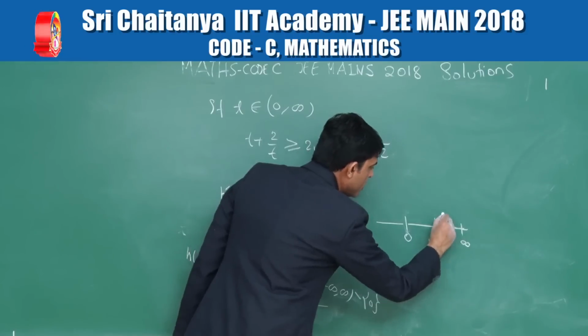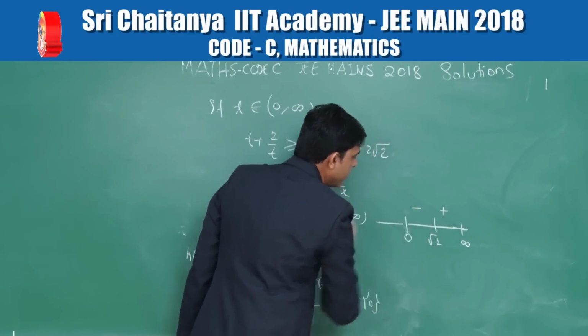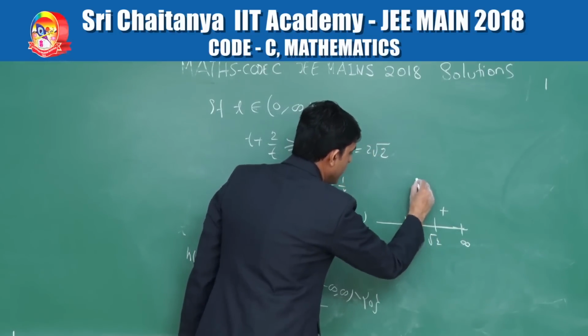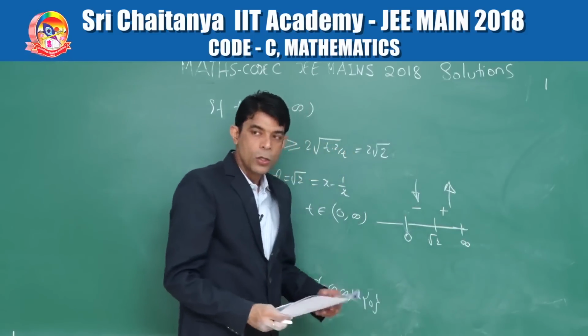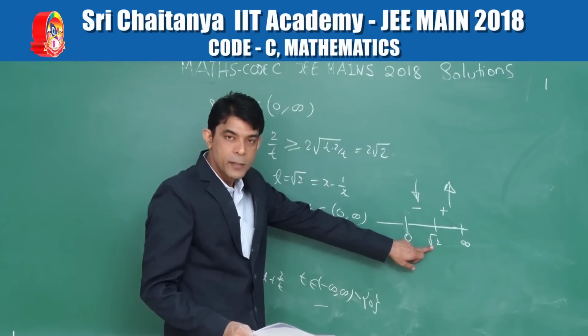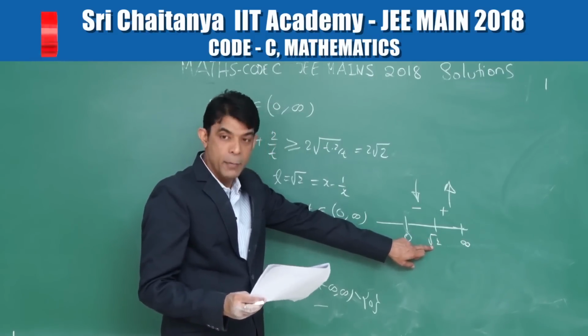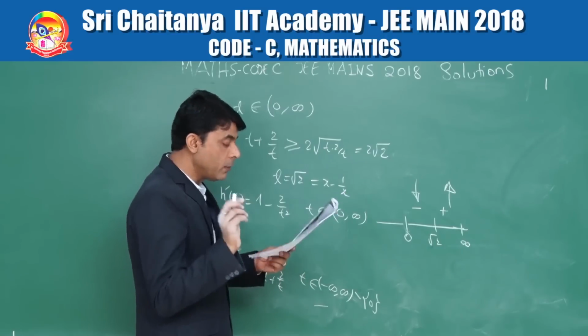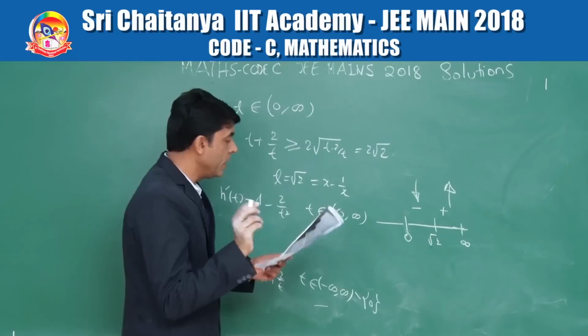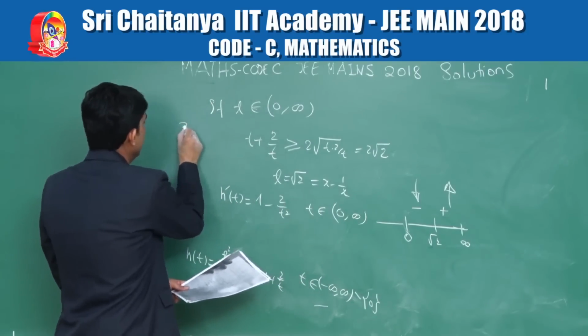After root 2 onwards, it's plus, before it's negative. So it is decreasing here and increasing here, and so the point root 2 happens to be a point of local minima. We can say that 2 root 2 is a local minimum, and the answer happens to be choice number 3. Choice number 3.